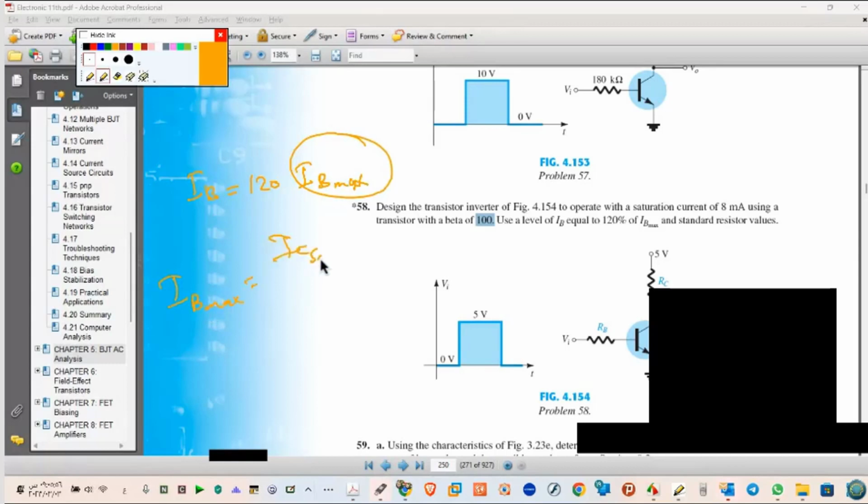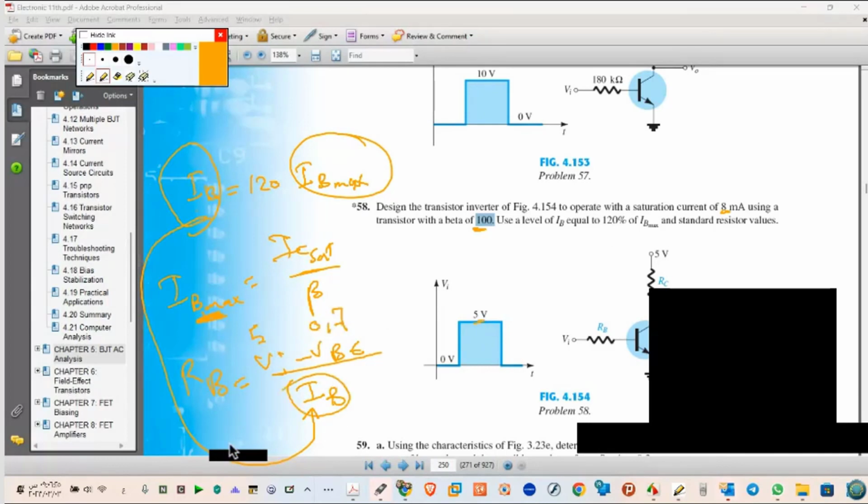It is IC saturation, here 8, over the given beta. Then calculate IB max, then calculate IB. Then RB is VI minus VBE over IB. IB from this, you will put here. Okay, I have input here 5 volt, 0.7 silicon, over IB, and you have to go to the standard resistor value.